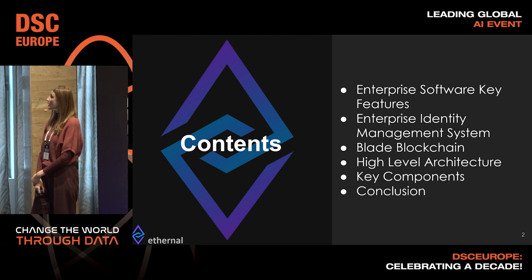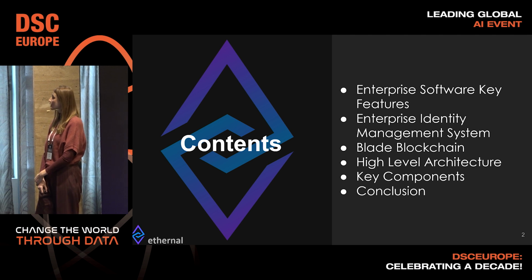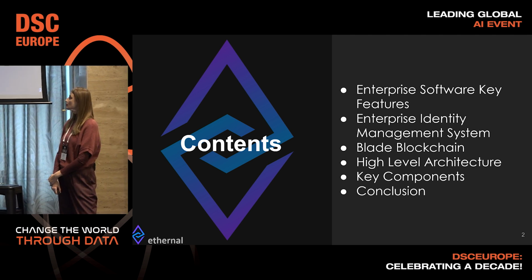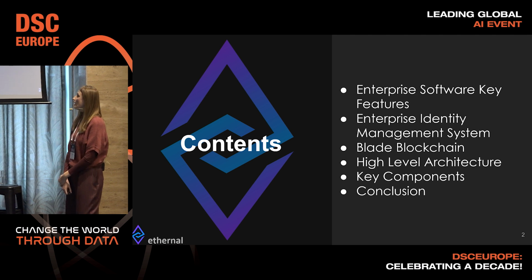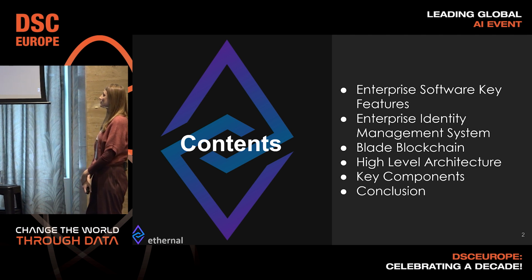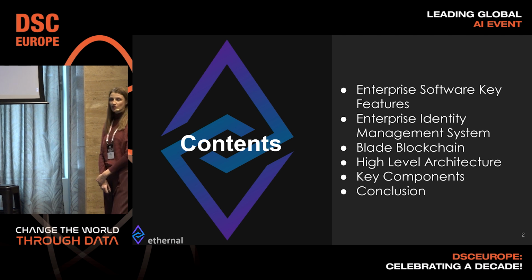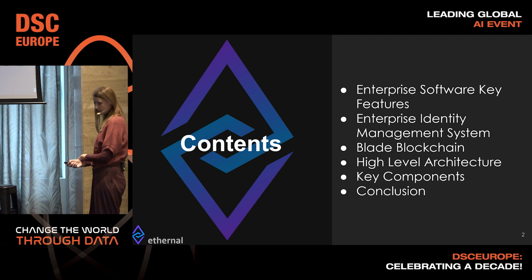I will explain what the Blade blockchain is and give a few details about this product from Ethernal. I will present a high-level architecture of our solution for integration. I will explain the key components of this integration, and in the end, I will give a few closing words stressing the most important things in the integration.